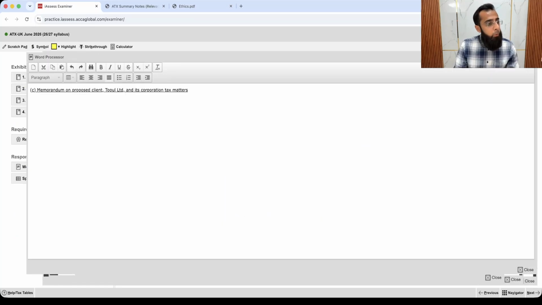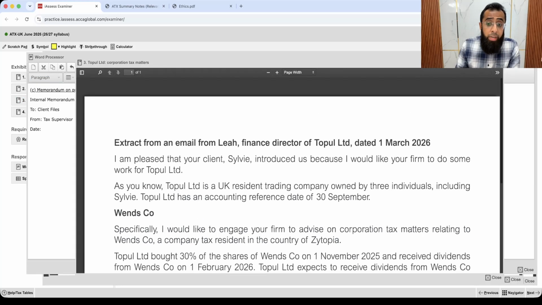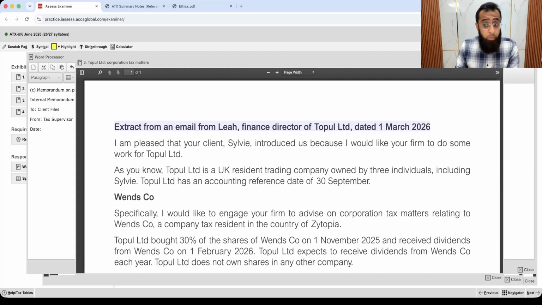We have to prepare a memorandum. Internal memorandum we are preparing. Same basic format. Two client files, same format. From tax supervisor, we made it earlier also. Date. What is the date? Don't write the date of today of the examination.